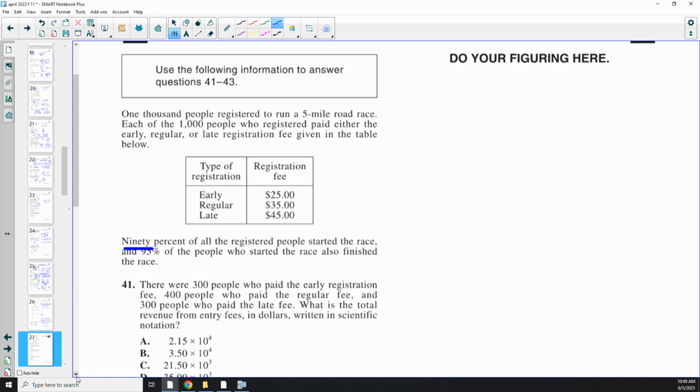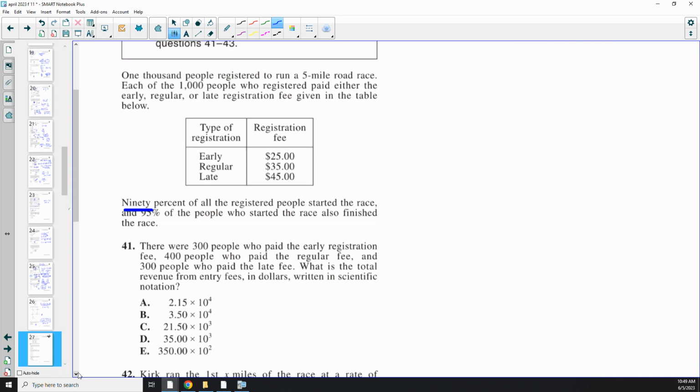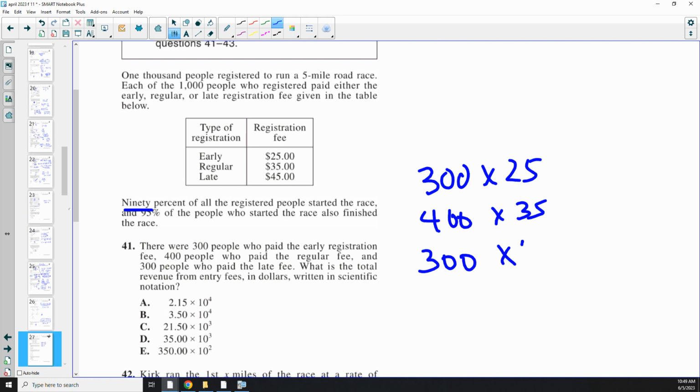So let's see, what is the total revenues from the entry? So that's 300 people paying the 25. 400 people are paying the 35, and what was that? 300 paid the late at 45. No point there, I'm sorry.